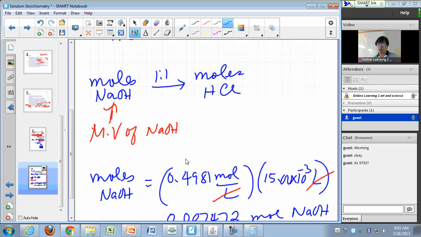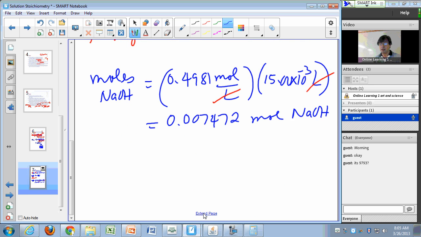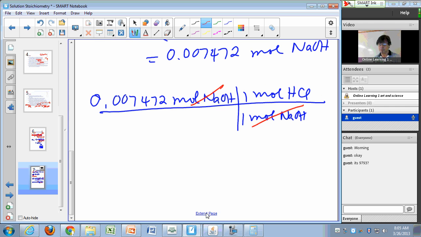And since the question is how much HCl is there, I know it's a 1:1 ratio. So then I just change that to moles HCl. Moles sodium hydroxide times 1 mole HCl over 1 mole of sodium hydroxide would give me moles of HCl. It should be the same amount. So this is going to be 0.007472 moles of HCl. Okay?